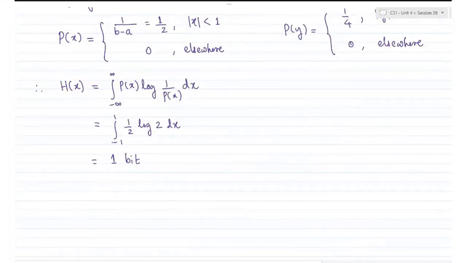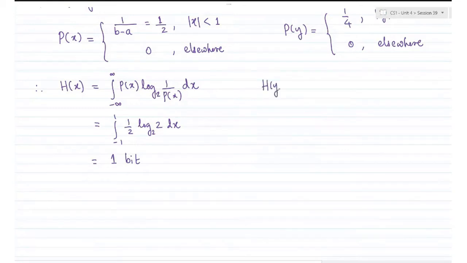If you integrate over -1 to 1, with the logarithmic base 2, since we have considered a binary source all along, this would simply give us 1 as a value, and as we know the entropy has a unit of bits.